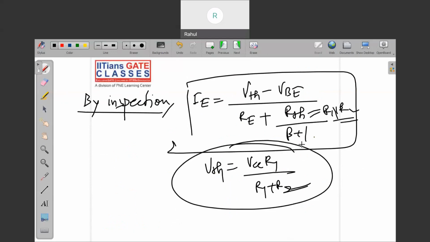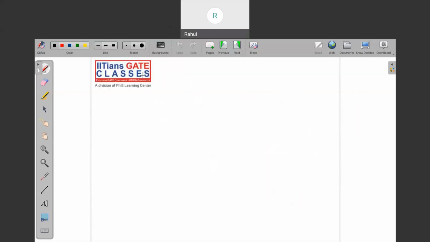Now you want IC to be free from beta. So what you will have to do is either keep beta high, or choose RE far greater than RTH by beta plus 1.